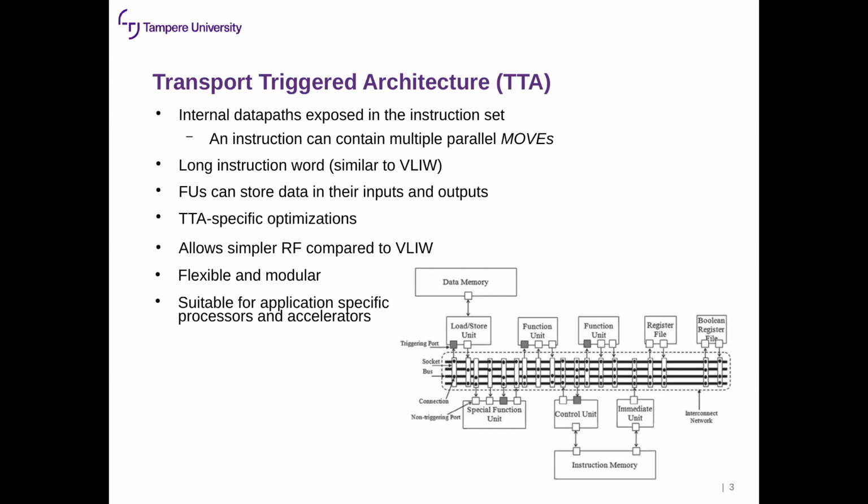And as each TTA core is different in its instruction set, the instructions will always be of different widths, unless padded to some, let's say, power of 2. One interesting thing is that the function units can store data in their inputs and outputs.